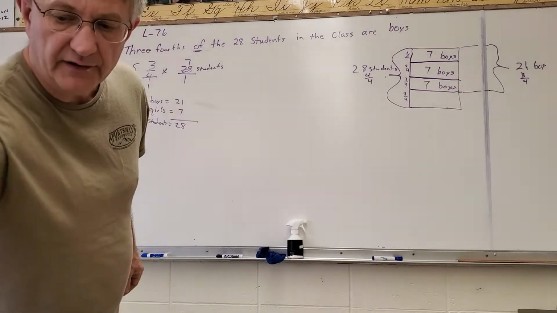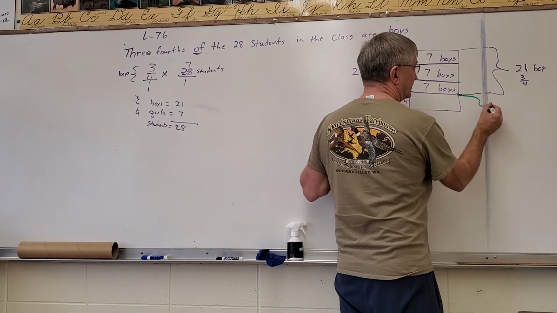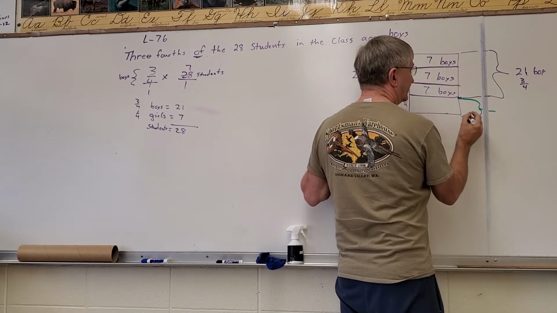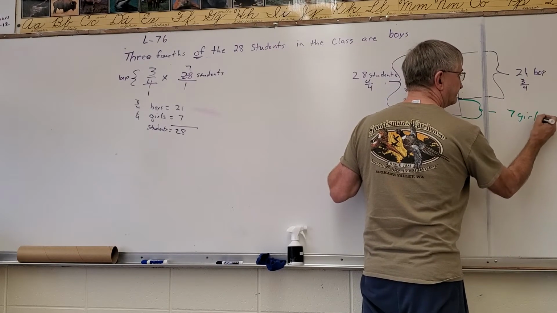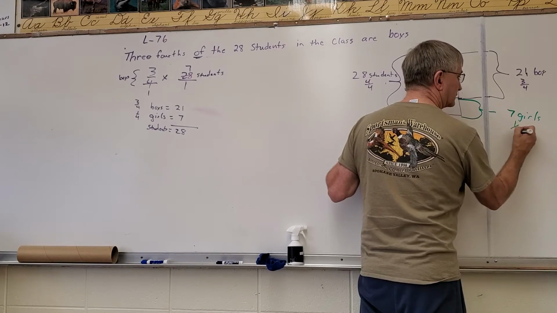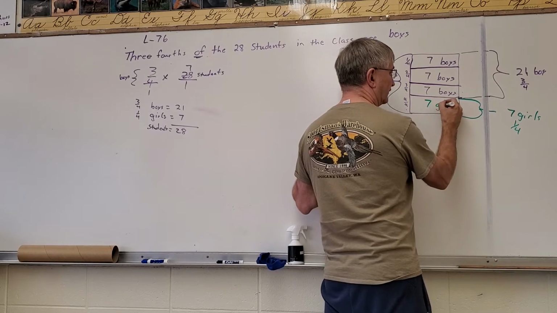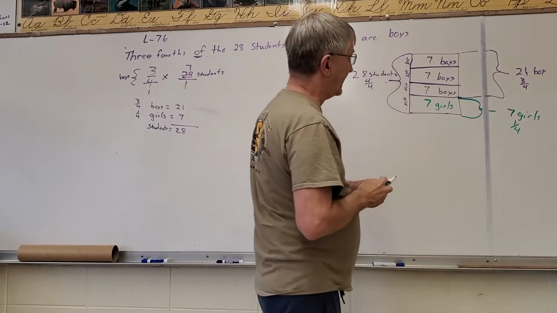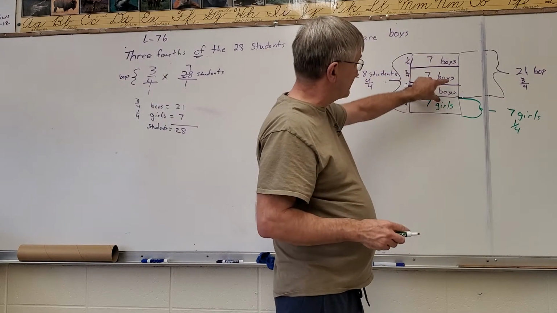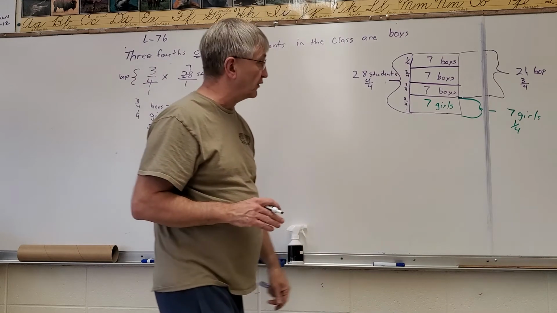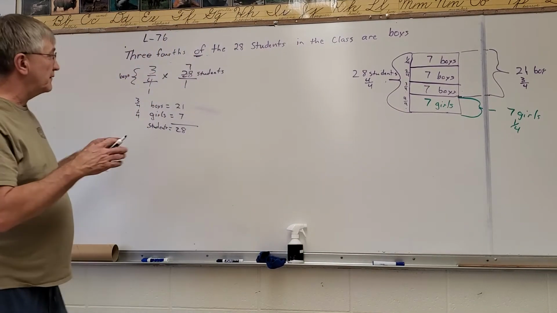I'll grab my green. This is going to be my 7 girls, which is 1/4. So I have my 7 girls, which is 1/4, and 21 boys, which is 3/4. Label boys, label girls. Remember, don't forget your labels, because that's going to count. And then I'm ready to answer all my questions now.